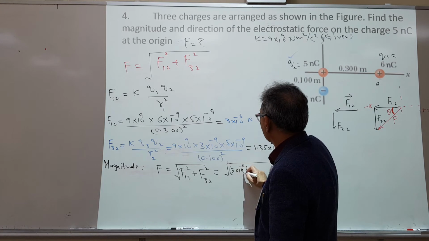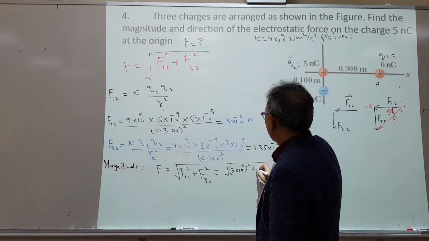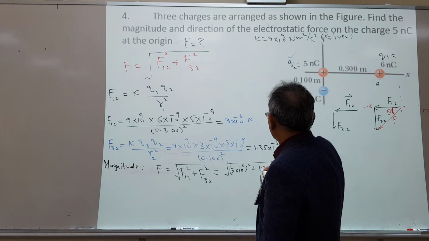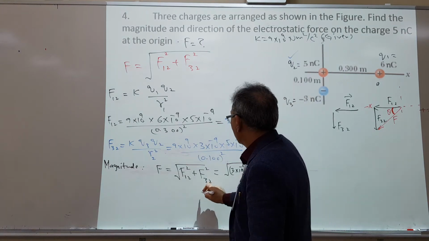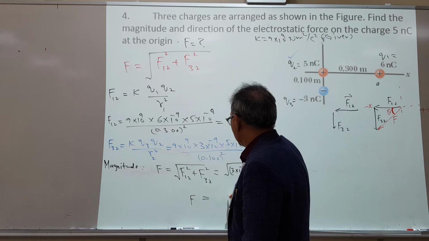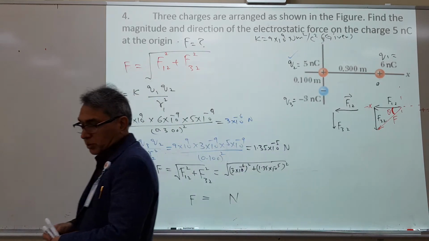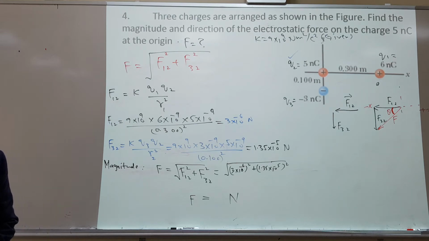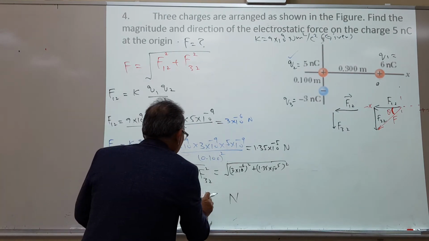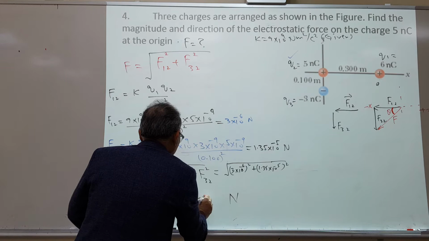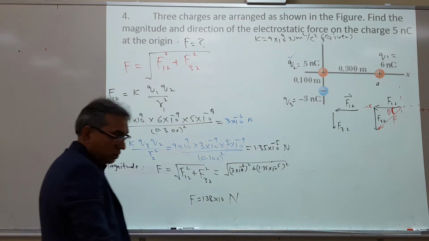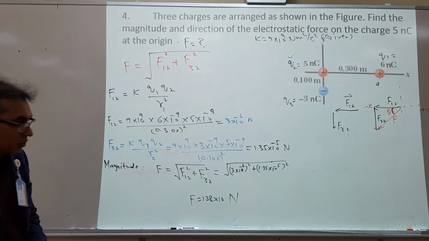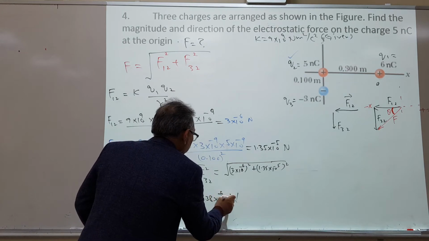Minus 6 square plus... you would get the magnitude of the resultant force on charge Q2 will be 1.38 times 10 raised to power minus 5 Newton.